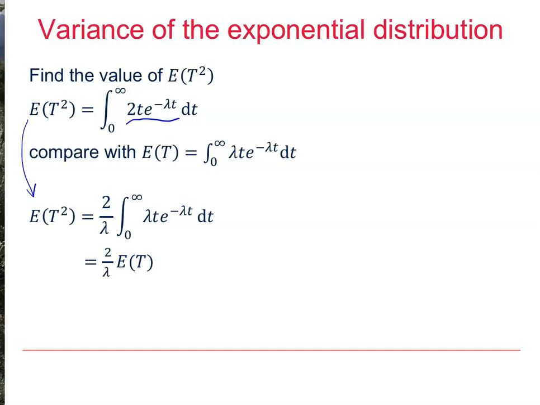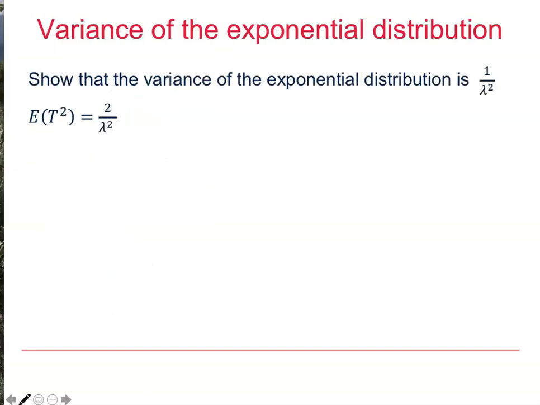Expected value of t, remember, was 1 over lambda. So we finish up with a formula for the expected value of t squared, which is 2 over lambda squared. Remember, this is not the variance. This is the first element that we are going to substitute in the formula for the variance.